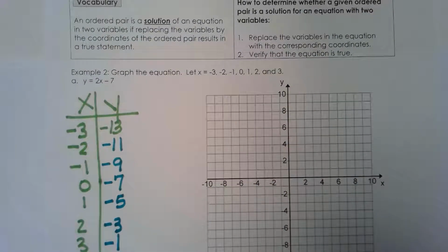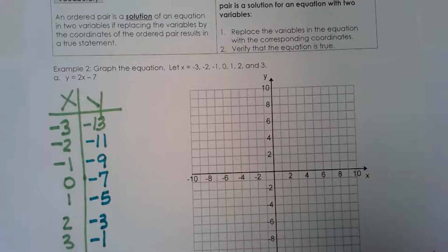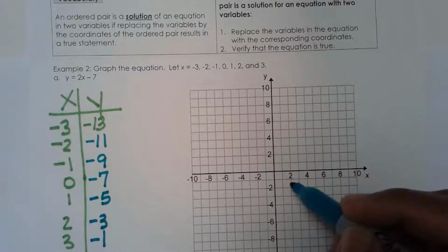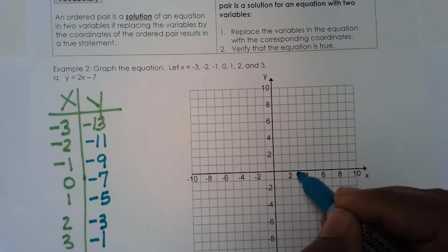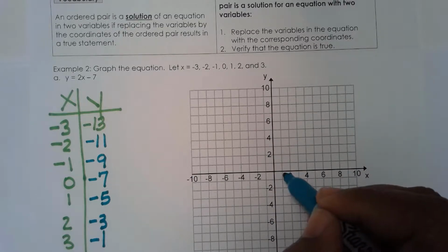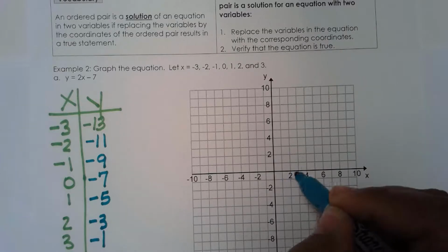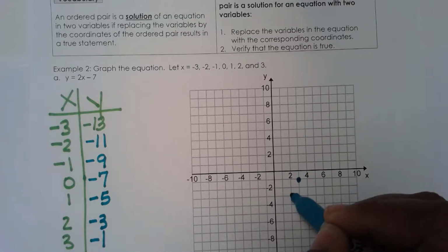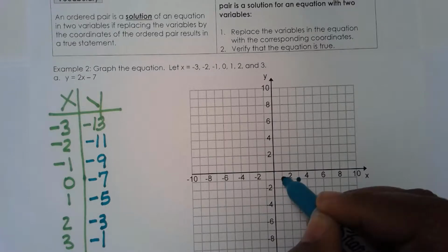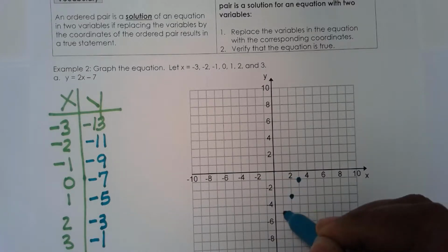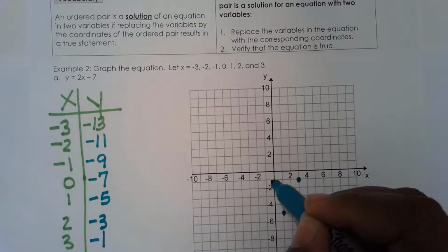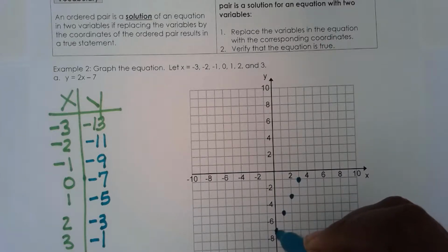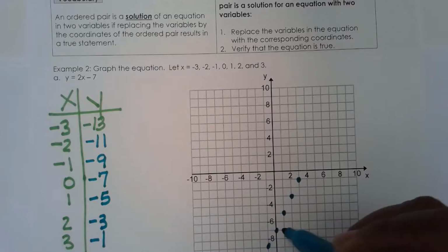Now let's plot. We only need 2 points to make a line, but let's go ahead and plot as many as we can on this coordinate grid. We have 3, -1. We have 2, -3. We have 1, -5. We have 0, -7. 1, -9, and that's about as far as we can go here.